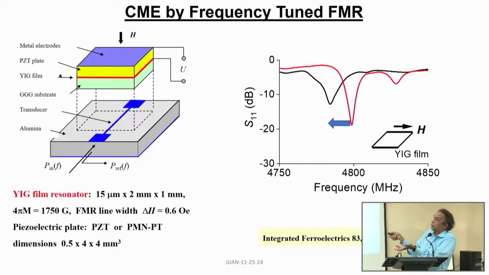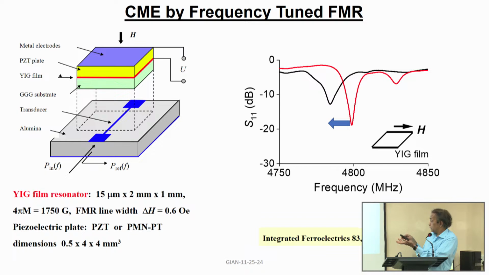So from the equation for ferromagnetic resonance, you can calculate the shift, and then this is with no electric field. If you apply an electric field, it shows a downshift in the frequency. So from this difference and the magnitude of the electric field applied, you can calculate what the converse magnetoelectric coefficient is.